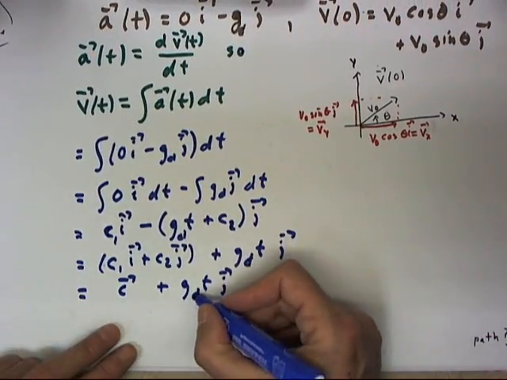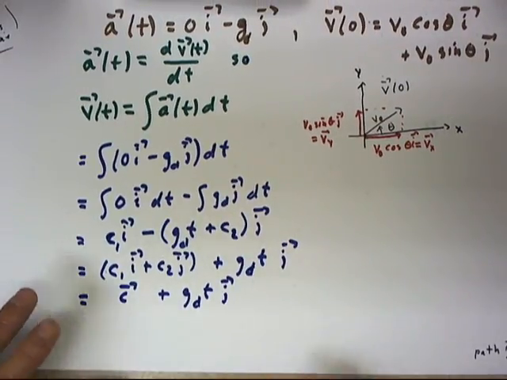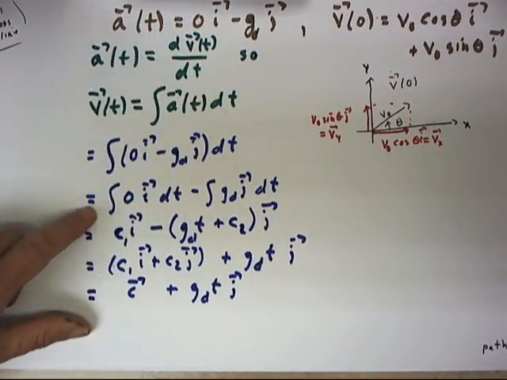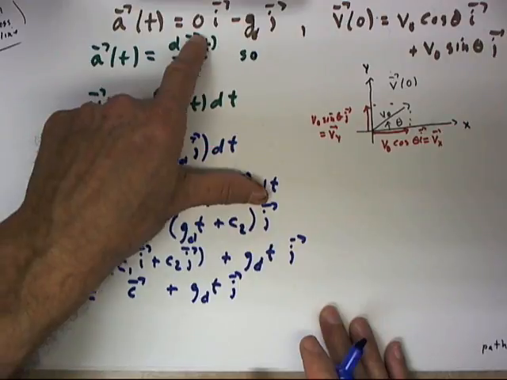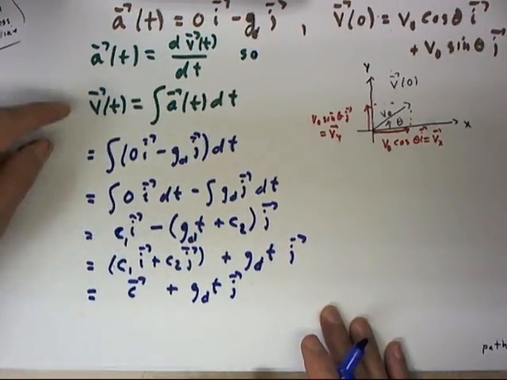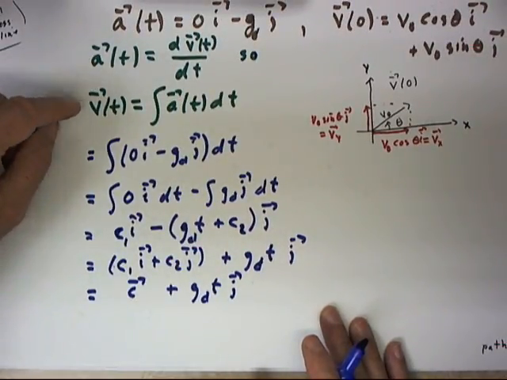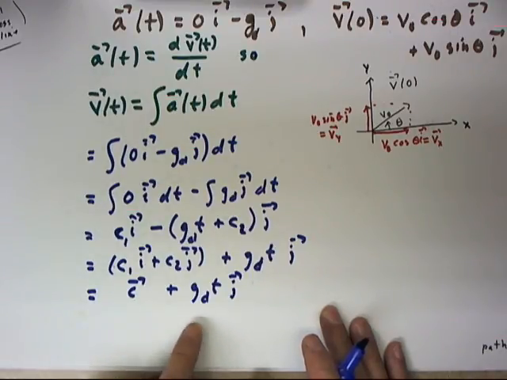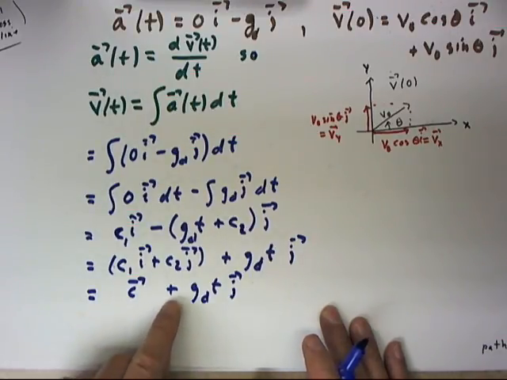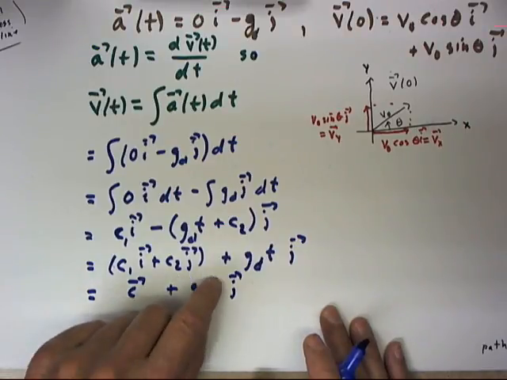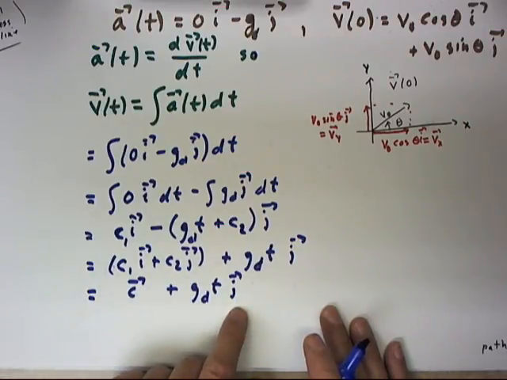So where we are right now is the motion of this thing is characterized by this acceleration, and this acceleration gives us the integral, which is the velocity, and the velocity comes out to be just a constant vector plus a constant times t times j.